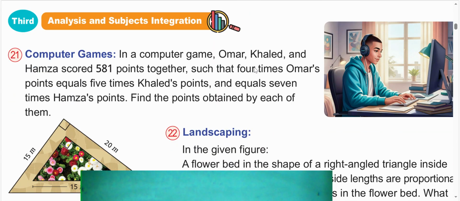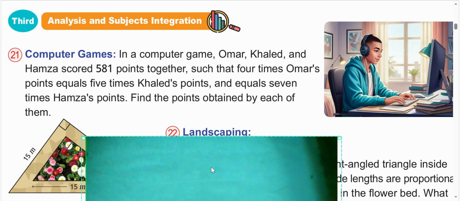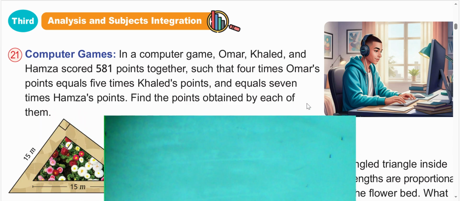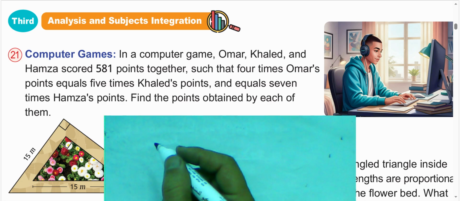Analyzing subject integration: computer games. In the computer games, Omar, Khalid and Hamza scored 581 points together, such that 4 times Omar's points equals 5 times Khalid's points, and equals 7 times Hamza's points. We have 3 persons here.